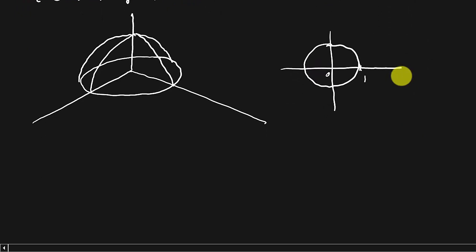All right, so we need to find the volume. So the volume is equal to the double integral of 1 minus x squared minus y squared dA.